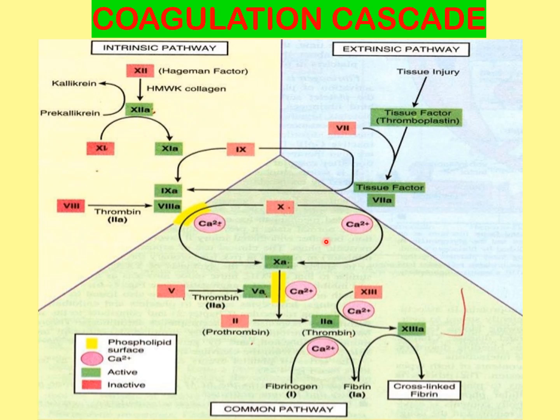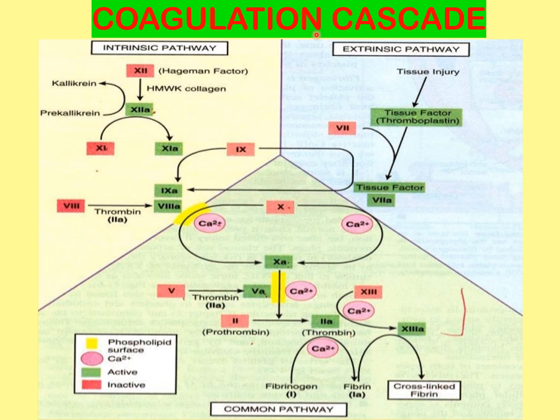Once the factor 10A is formed, it converts prothrombin, which is factor number 2, into thrombin, which is factor number 2A. And once thrombin is formed, it converts fibrinogen into fibrin, and also thrombin activates the clotting factor number 13 into 13A, which finally leads to formation of cross-linked fibrin, which is used to stabilize the blood clot.